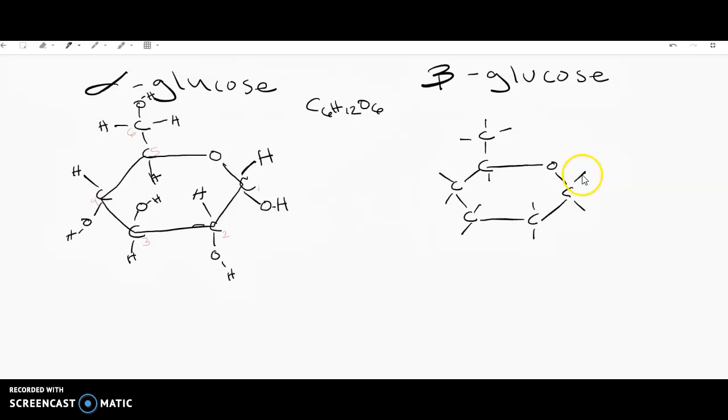And then here, it's actually easier for me to remember for beta glucose because the pattern doesn't change. So the hydroxyl group is up, down, up, down, and this last one is up here. And then we just fill in our hydrogen bonds.